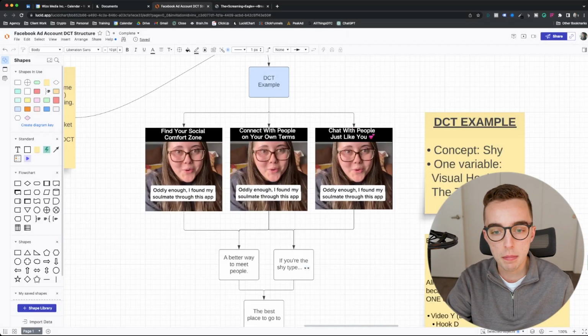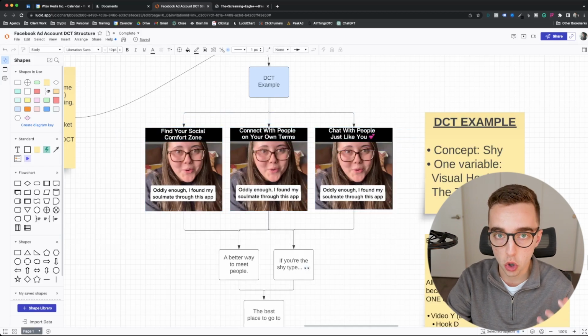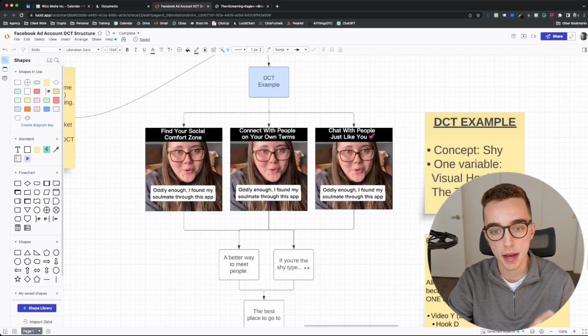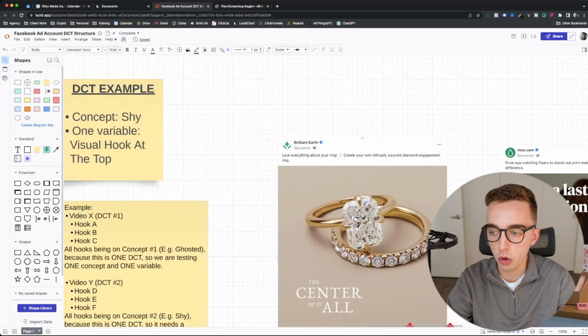Going back to our DCT structure here at the agency, you have one DCT per concept, an overarching concept, which in this one is basically for people that are shy. Then you look at those three ads, they all have a different visual hook, and that is the concept headline. So in other words, let me show you two examples of what it is and what it isn't.